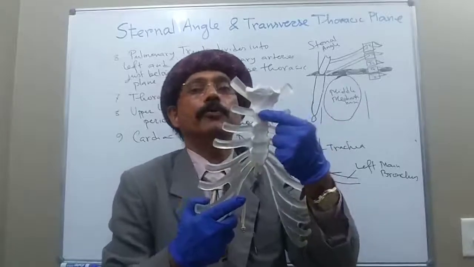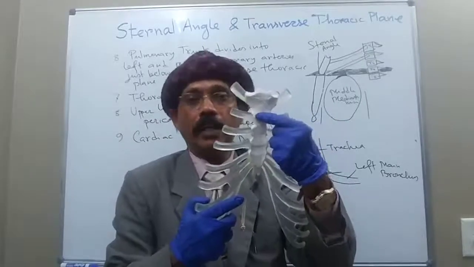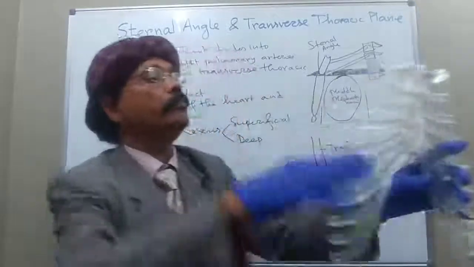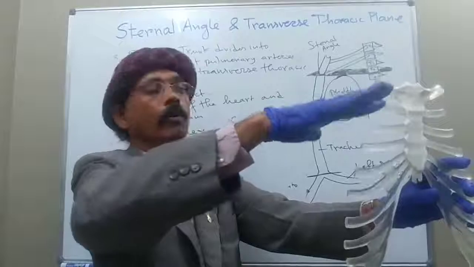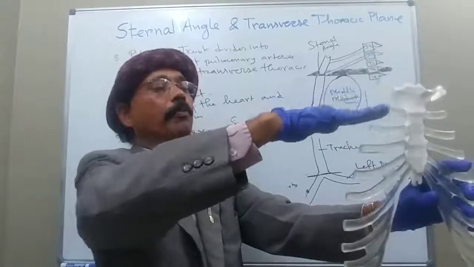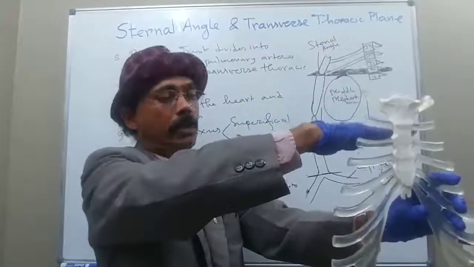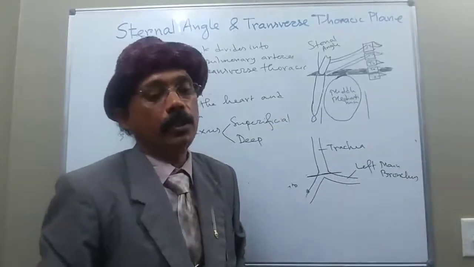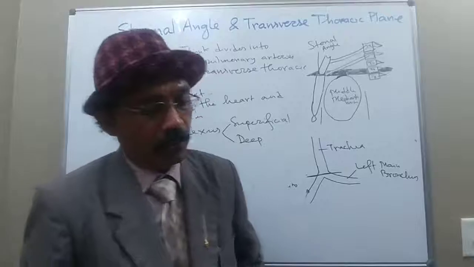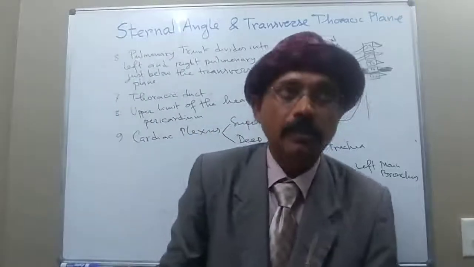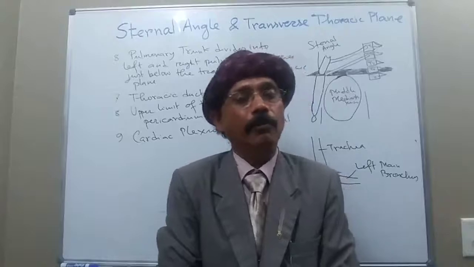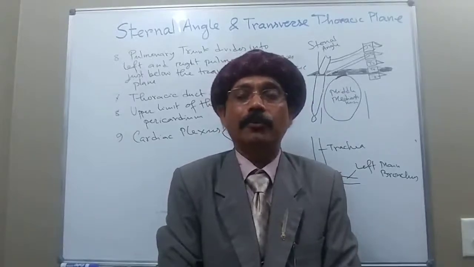This is the manubriosternal joint, the sternal angle between the manubrium and the body of the sternum. Then if we pass a horizontal plane from this level, posteriorly it cuts the intervertebral disc between T4 and T5. So that's all about the sternal angle, or angle of Louis, and the transverse thoracic plane.